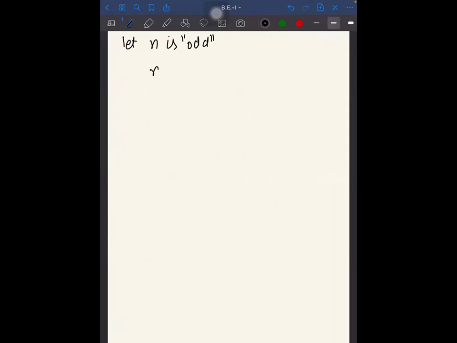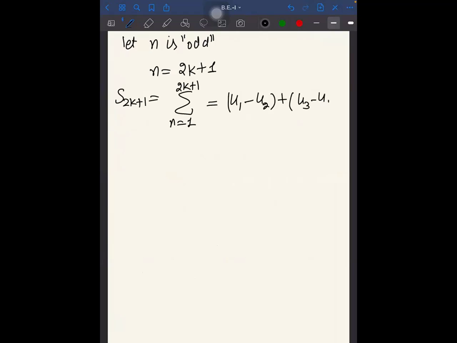So let's say n is odd, that means we are taking odd terms in the sum, let's say 2k plus 1. So n runs from 1 to 2k plus 1. So this will become u1 minus u2 plus u3 minus u4 plus and so on, u2k minus u(2k+1). Is it okay? Yes, sir.